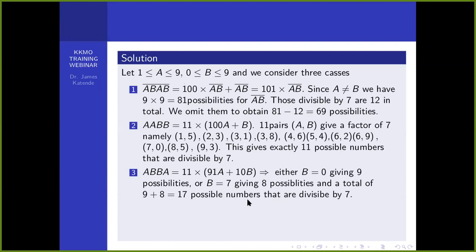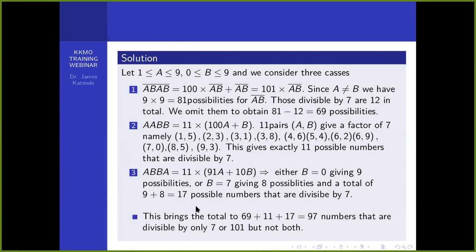So those two cases are mutually exclusive, and therefore you can add them. 9 plus 8 will give you 17 possible numbers that are divisible by 7. Again, we saw this is not divisible by 101, so 17 is what we need. The number is divisible by 7, but not divisible by 101.